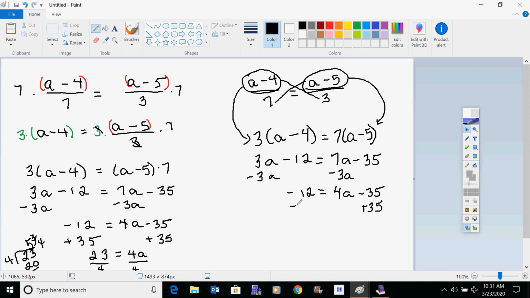Then adding 35 to both sides. 4a equals 23. And then divide by 4. So that a equals 5 3/4.